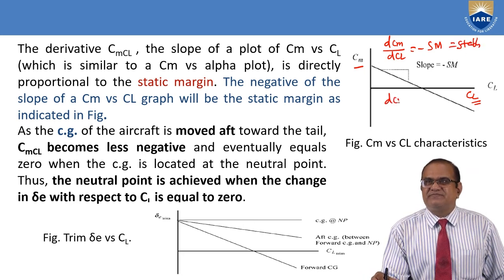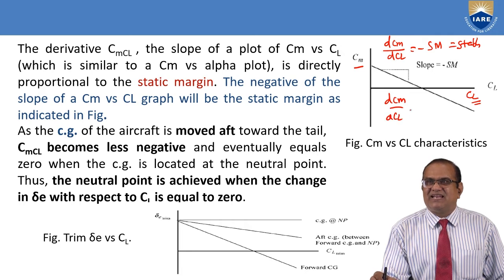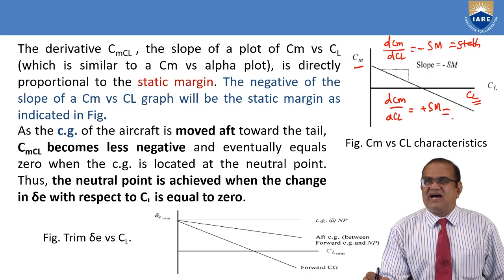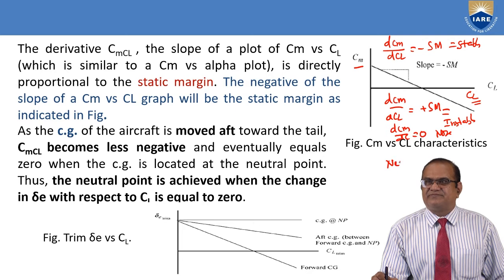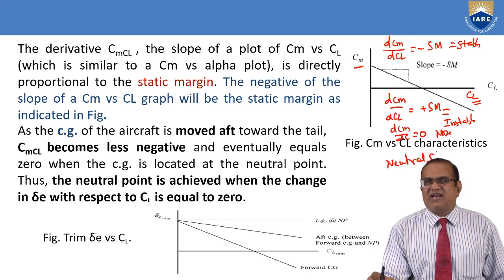If dCm by dCl is positive, then it is unstable. If dCm by dCl is equal to 0, no slope, then it is neutral stable.